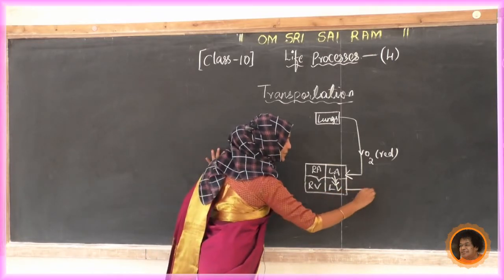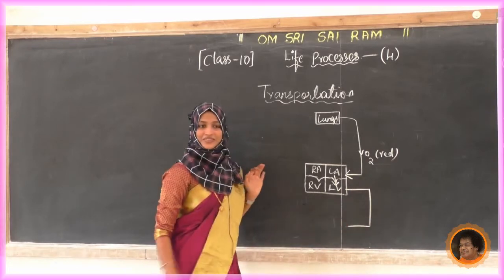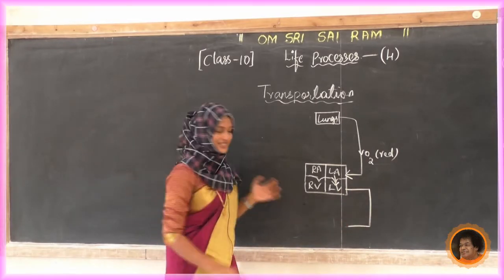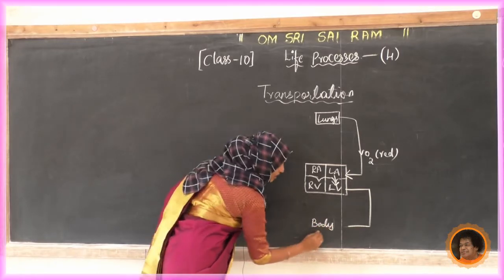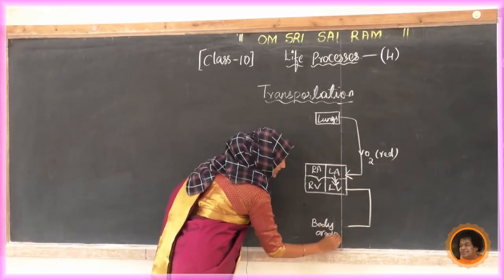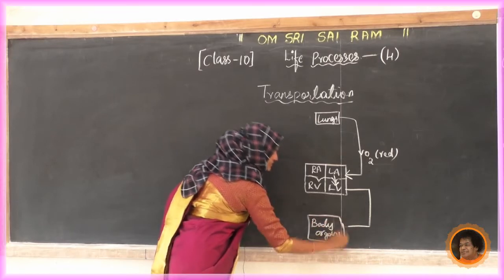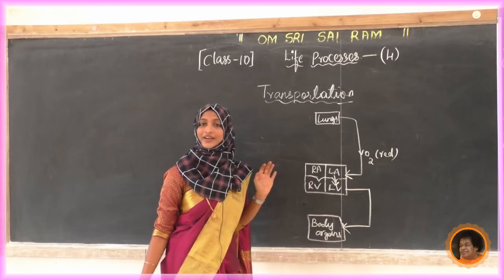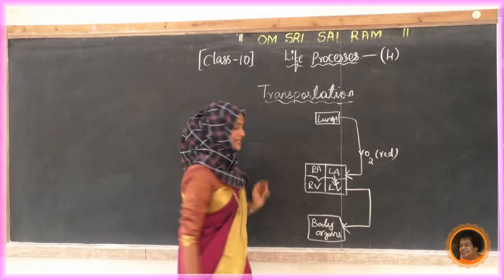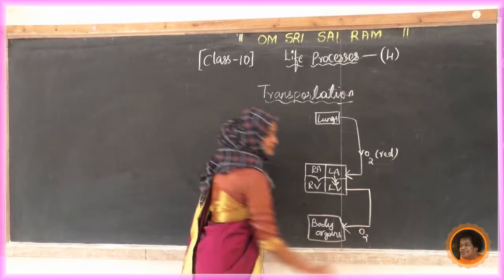Because of the pumping, it reaches to where? Different body organs. So write down here body parts or body organs. Can you see now? Whether it is oxygenated or carbon dioxide with blood? Oxygenated. So write down O2.